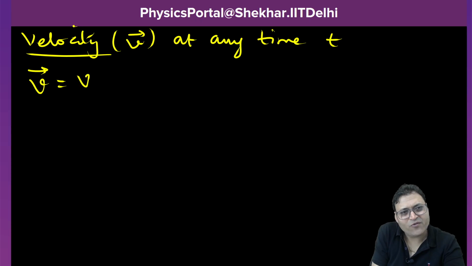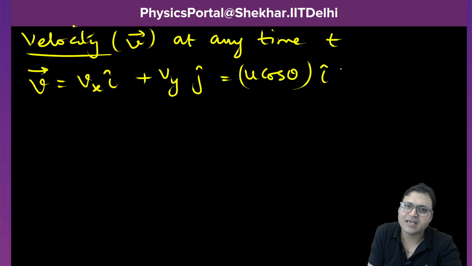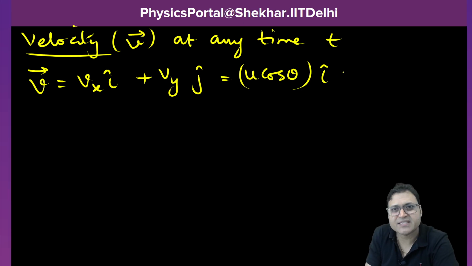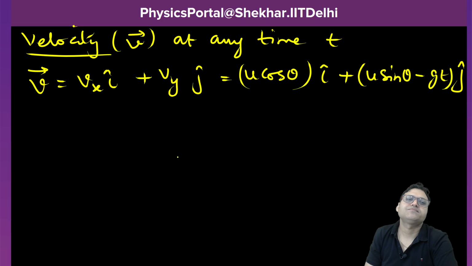Next is the velocity at any time t. The velocity is given by Vx i cap plus Vy j cap. Vx is ux, that is u cos theta. In the horizontal direction, velocity will remain the same, plus u sin theta minus gt in j cap.